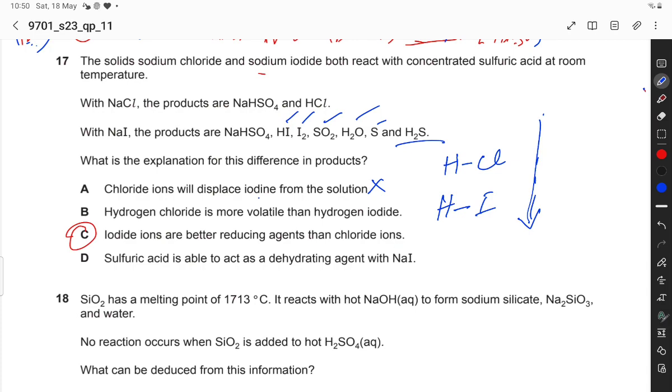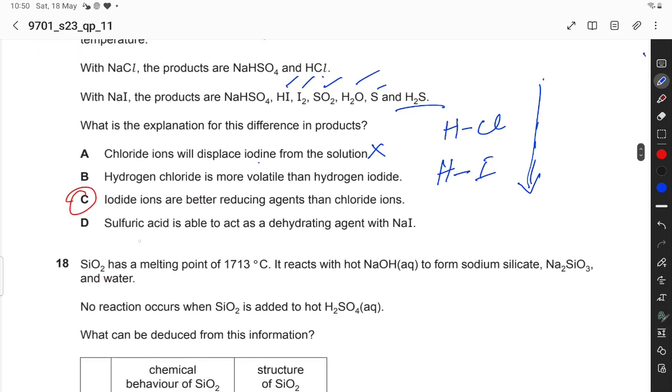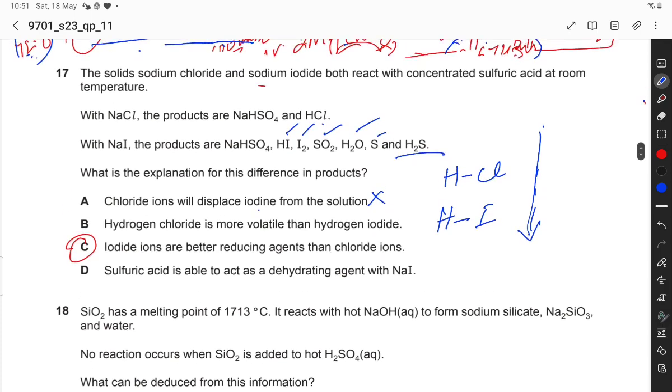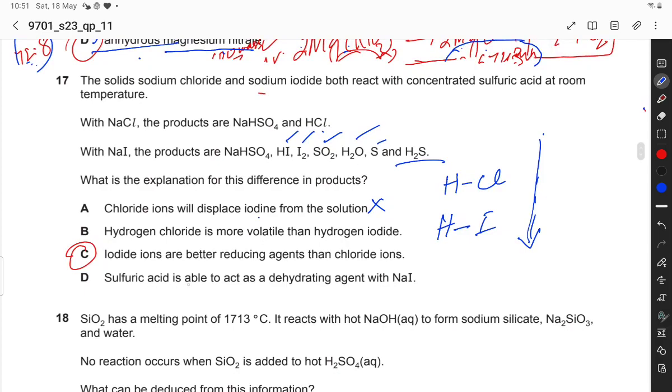And chloride ions cannot reduce further, because HCl is a weaker reducing agent than sulfuric acid, so that's why it cannot reduce. So iodide ions are strong reducing agents, so that's why iodide ions reduce further the sodium hydrogen sulfate; the products are sulfur, hydrogen sulfide, HI, iodine.